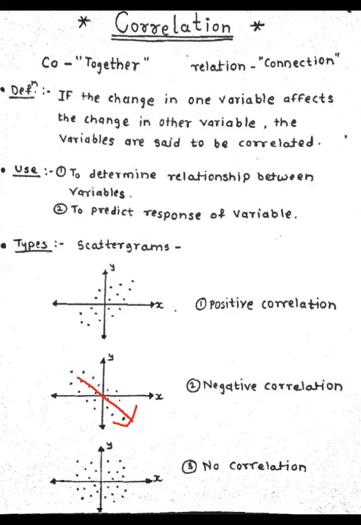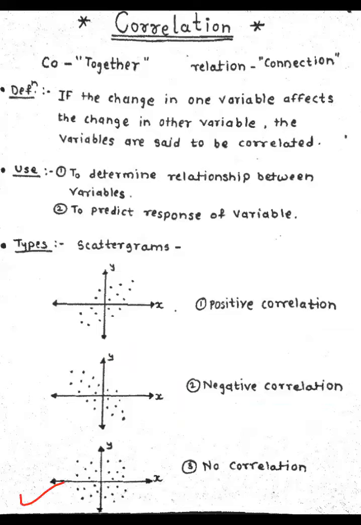So here one variable increases, another variable decreases, and this kind of relationship is called negative correlation. For example, if x represents the price and y represents the demand of a commodity, then our experience tells us that when the price of a commodity rises, its demand falls. Thus, the correlation between the variables is negative or inverse.